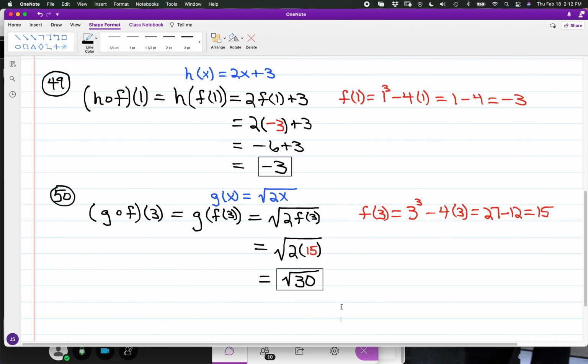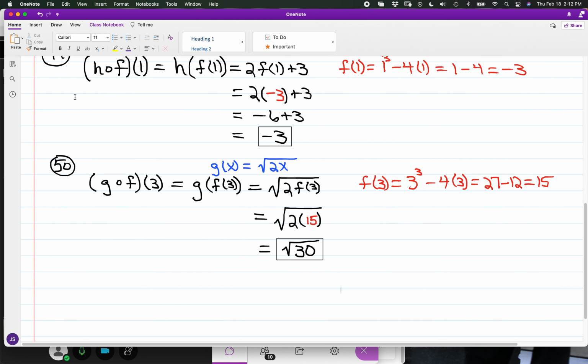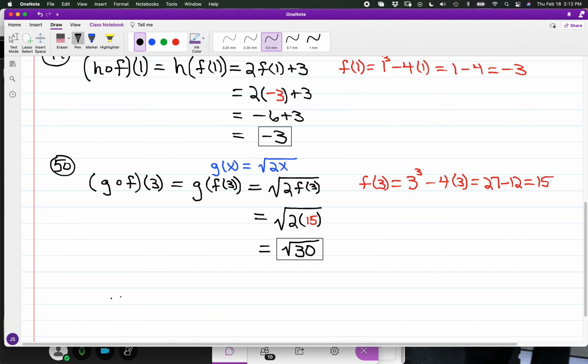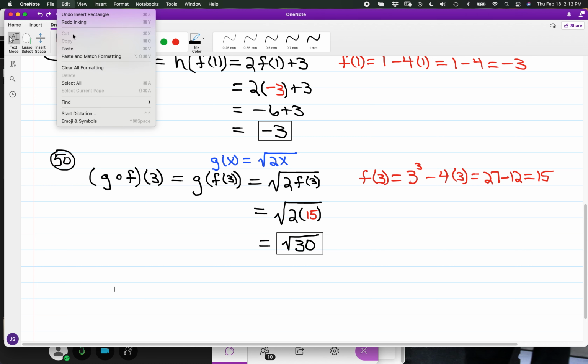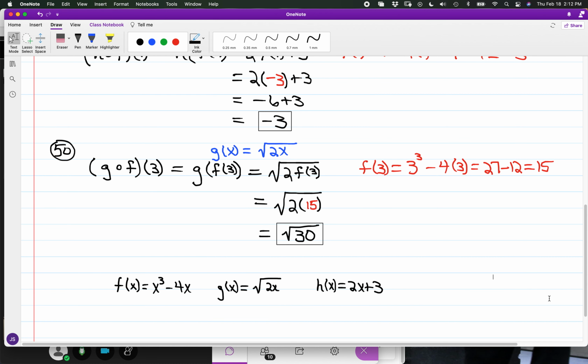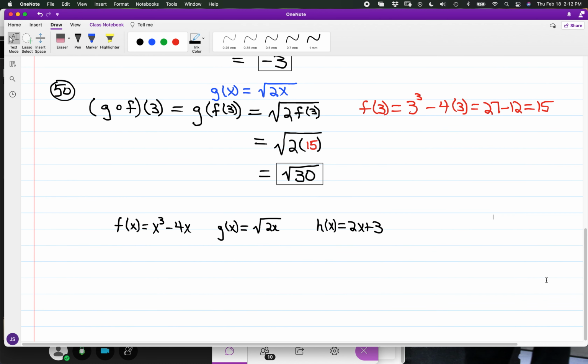And now, still working with the same set of functions f, g and h of x, with the same expressions, we have number 52.